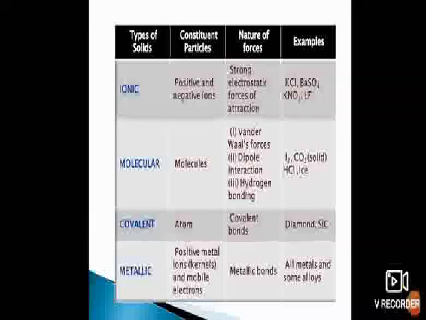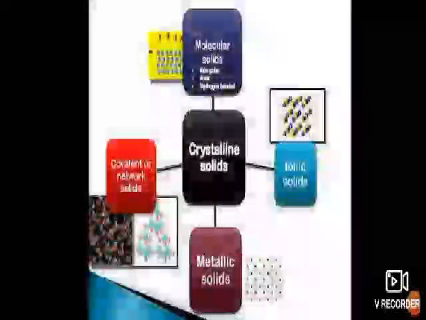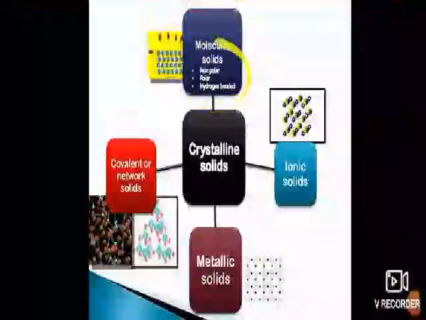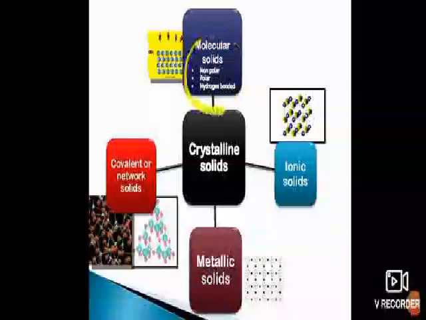The second type of solids are molecular solids. In the case of molecular solids, from the term itself you can understand that the constituent particles are molecules. When we consider their attraction force, you have to know another thing: there are three types of molecular solids, namely non-polar, polar and hydrogen bonded molecules.